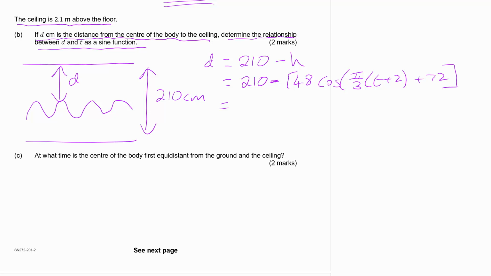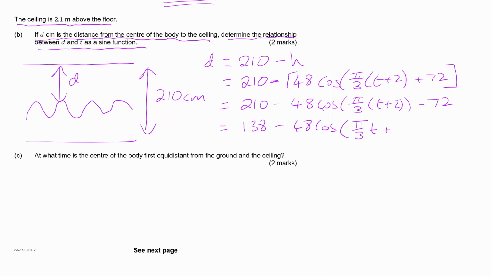So that's 210 take away 48 cos(pi by 3 t plus 2) take away 72, which is 138 take away 48 cos(pi by 3 t plus 2 pi by 3).